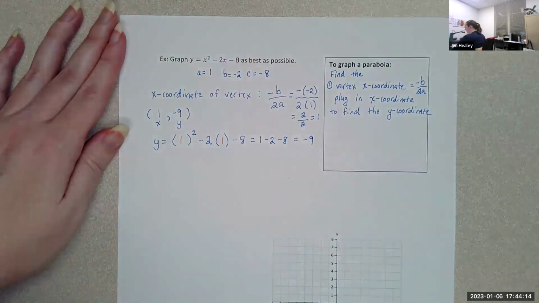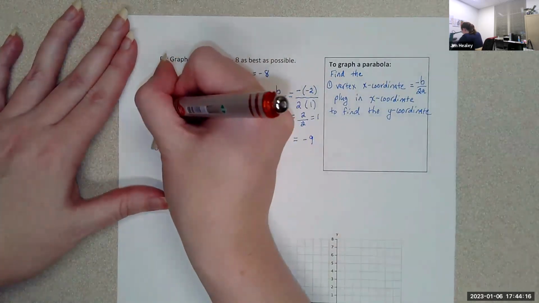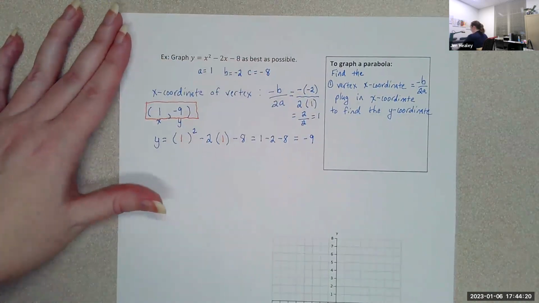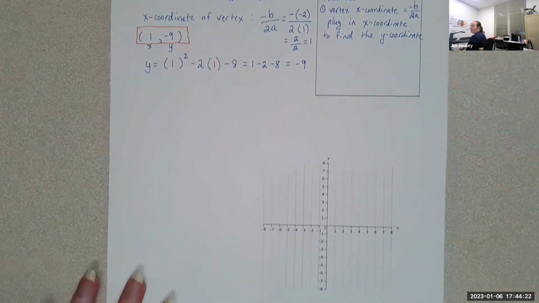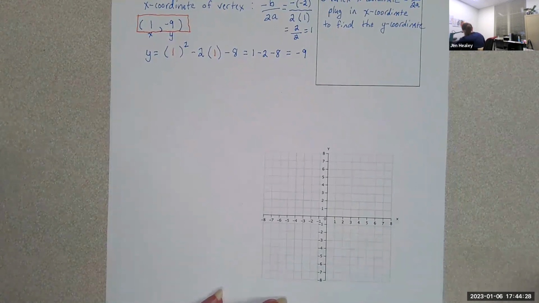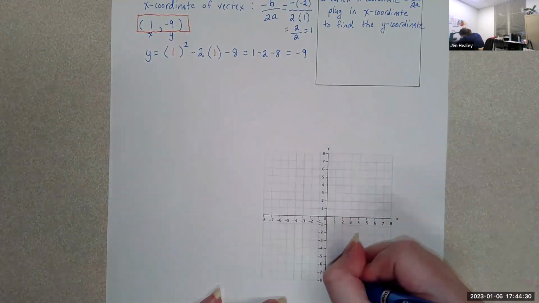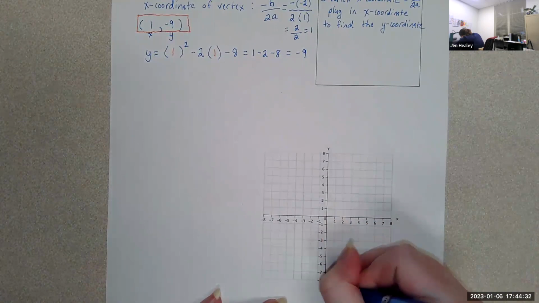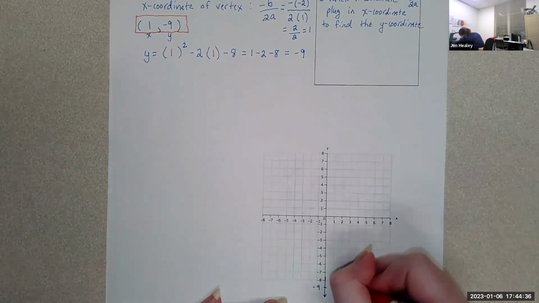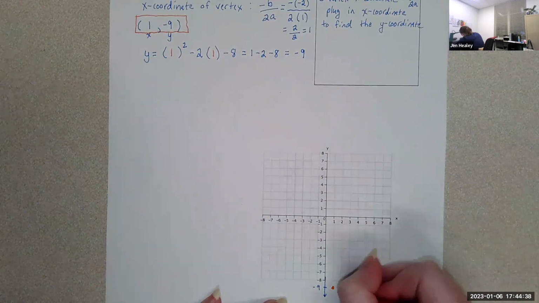All right, so we have our vertex now. I know that my vertex is at 1, -9. And so if I want, I can go ahead and actually put that on my graph already. I've got my vertex, 1, and -9 is actually off the graph here, so I have to extend that line a little bit here. And we'll say that's our -9. So I'm going to come to 1, -9, and put down my vertex.